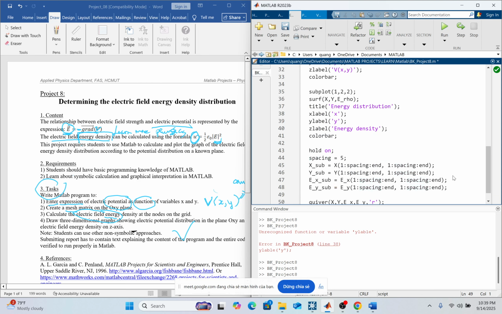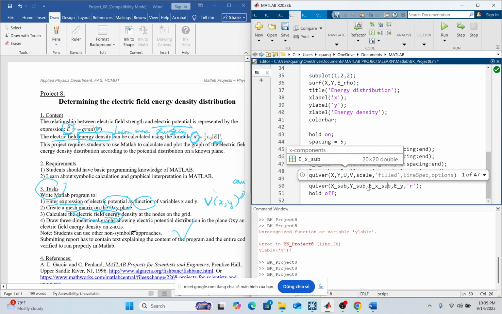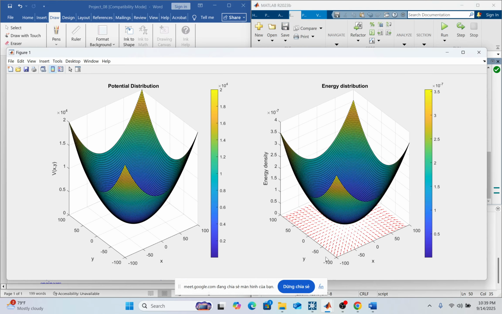Okay, now instead of quivering the x, y, ex, ey, we will quiver the x sub, y sub, ex sub, and ey sub. Now you can see much easier to look at arrows here, right? Which means that you put fewer arrows, but you let each arrow have more space.